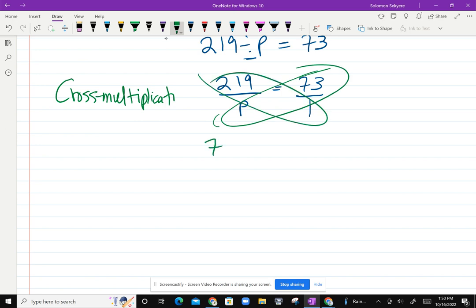So 73 times P, but we don't write the times anymore. We just write 73P, which means multiplication. This is equal to 1 times 219. So 73P is equal to 219, right?